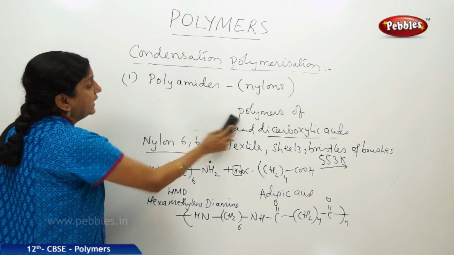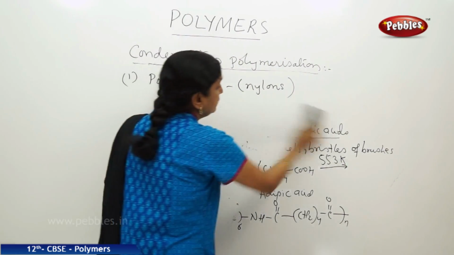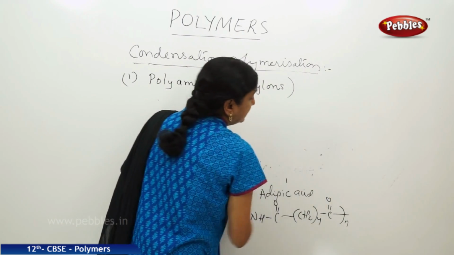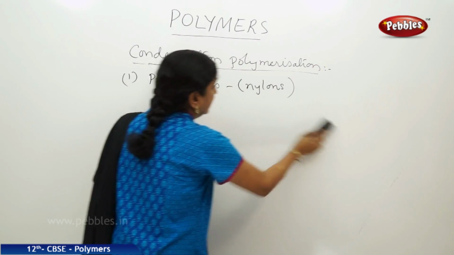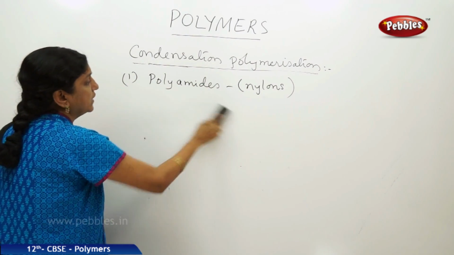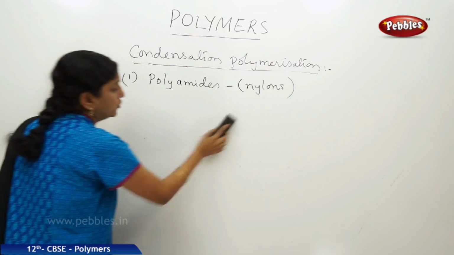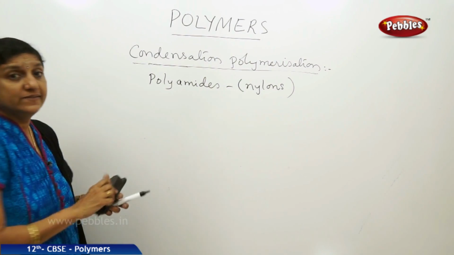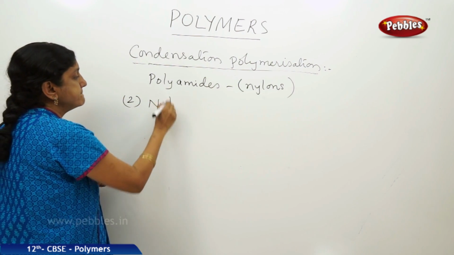That example is nylon 6. So from the name itself you can make out that there is only one monomer involved over here, and that must be having 6 carbons in it. And what is the monomer in the preparation of, let us see, nylon 6.